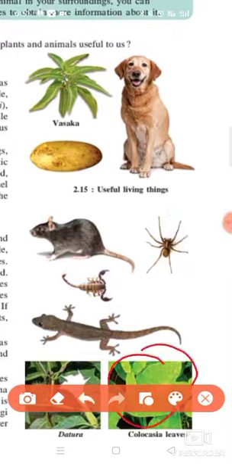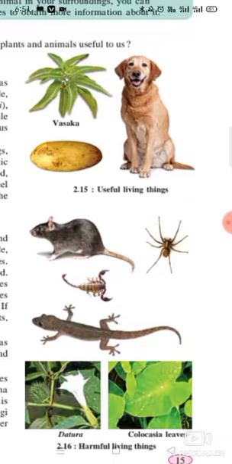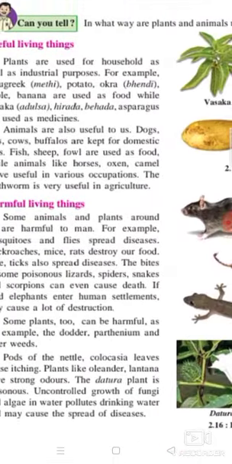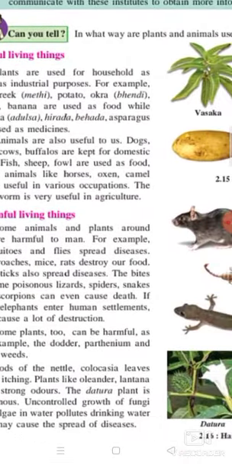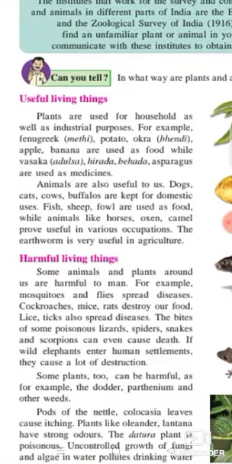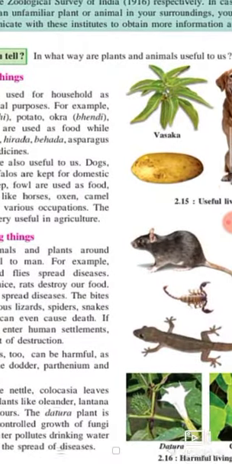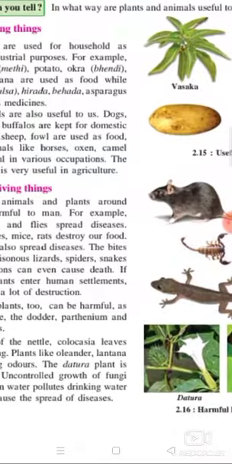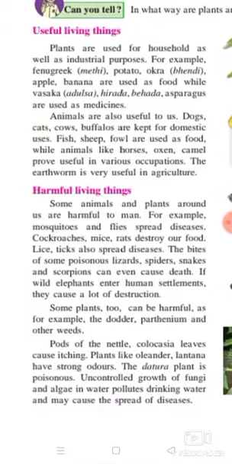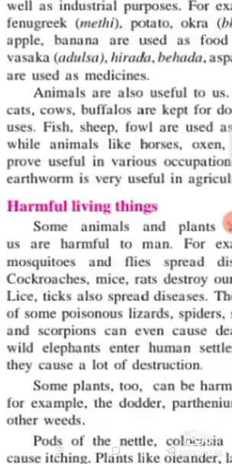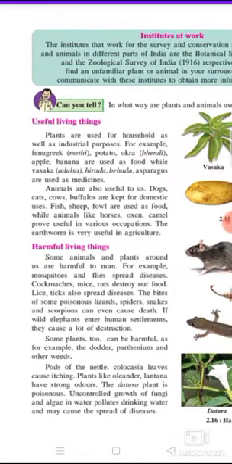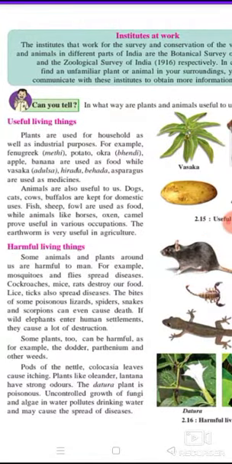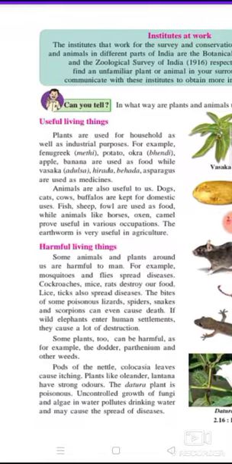Datura is white in color. Okay. See, so just now we have seen in the previous paragraph, living things, in that plants and animals, how they are useful to us, and in the next paragraph we have seen the harmful living things, in that plants and animals, how they are harmful to us.